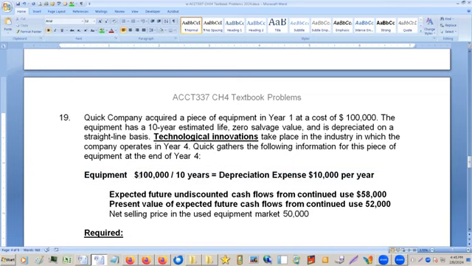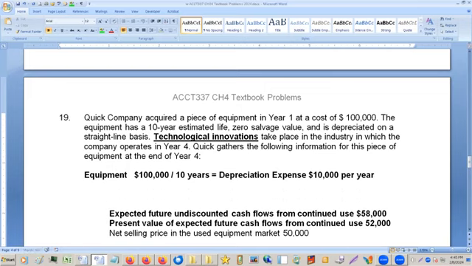Okay, so what is this on our books for? Book value or carry value? It will look like this.